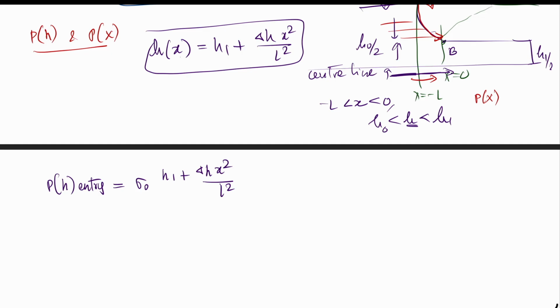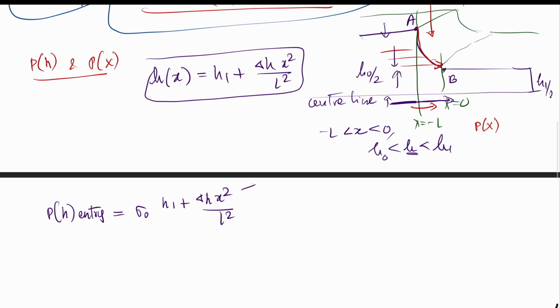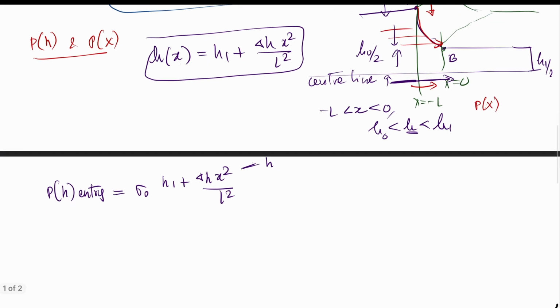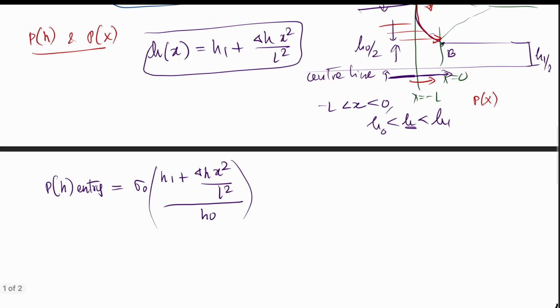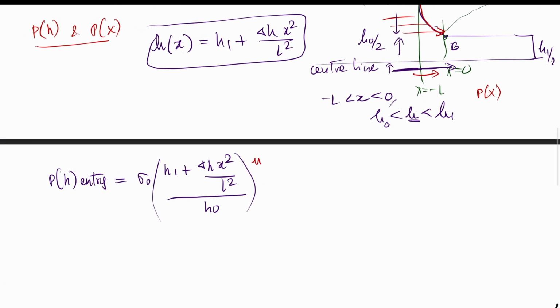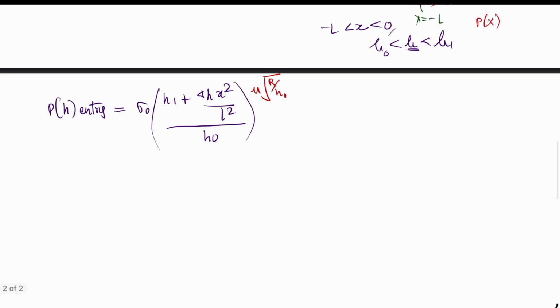So the whole thing is our h, right? I'm going to divide this by h0, correct? Then raised to 2 mu r over h0. So this is the equation which gives px at the entry, because you can see x is involved here.